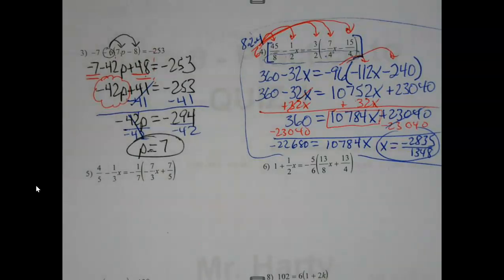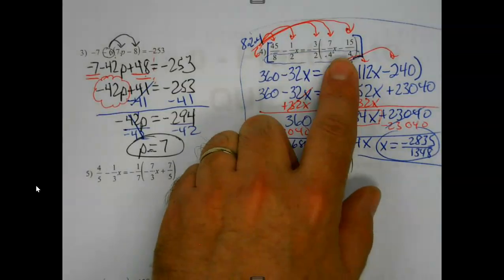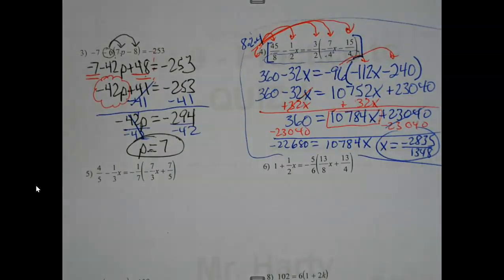I thought at the time we could save time by distributing through by that LCD value right away. And the problem is that by doing that, I believe I made these two numbers too big. So here's what you're about to see. Don't worry about changing yours yet. I just want you to see as we go.